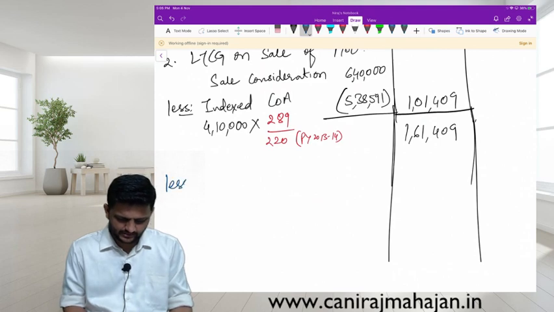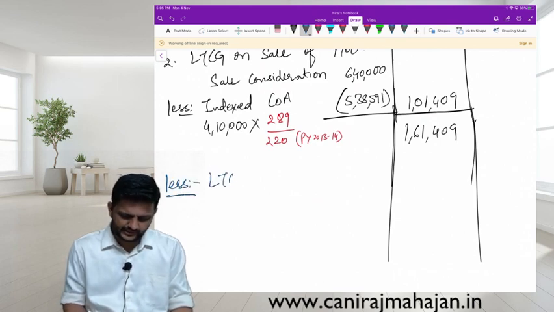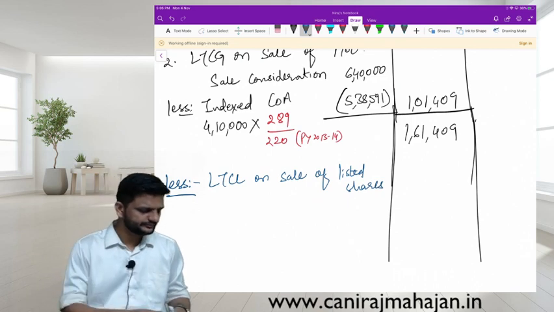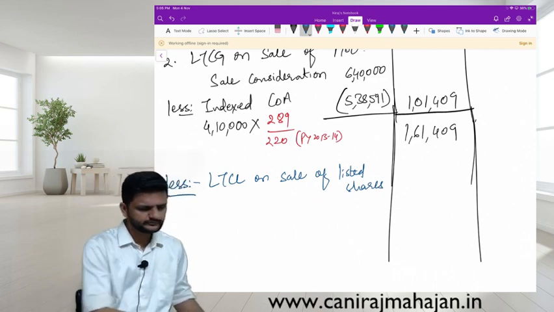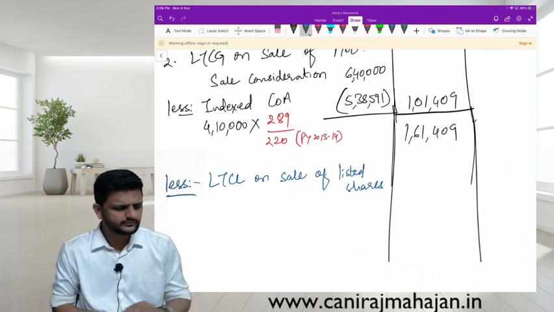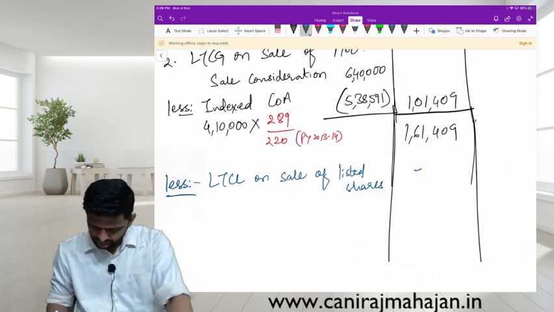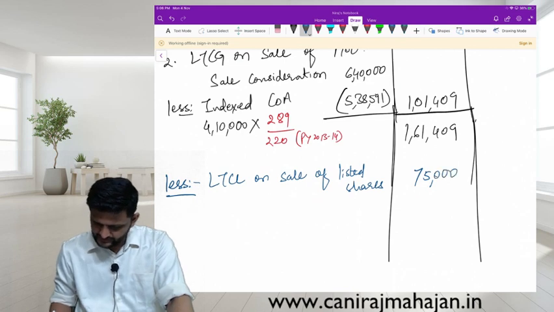Less what? LTCL on sale of listed shares. Correct? How much? 75,000. Balance.